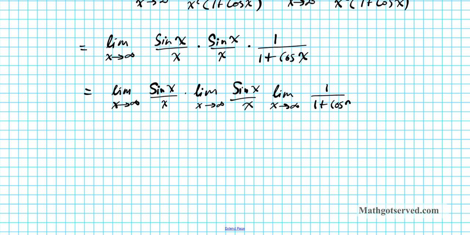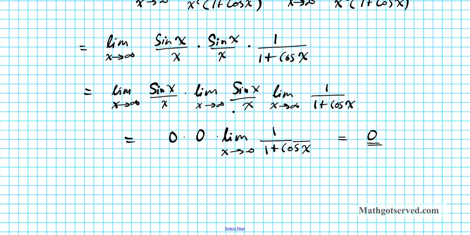This one is hard to determine because cosine assumes multiple values as you approach infinity. But check this out. These two limits, we know what they are. Using the Sounders theorem, these two are 0. So this is basically 0 times the limit as x approaches infinity of 1 over 1 plus cosine x. And we know that this is automatically going to become 0. All right, so there you have it.